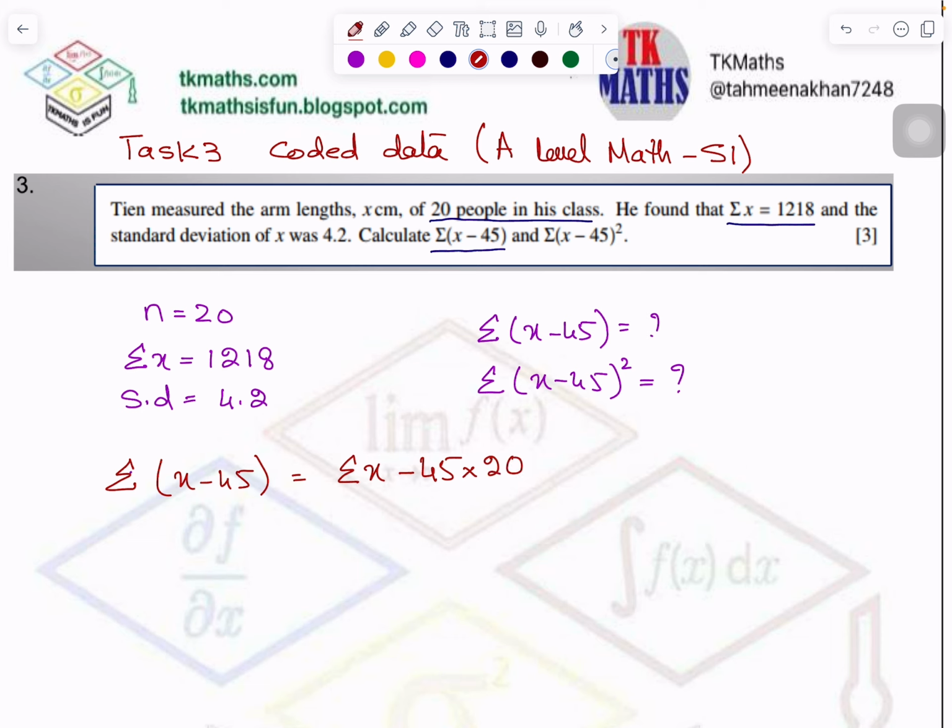Sigma x is given in the question, 1218, and 45 times 20 is absolutely right, 900. So this gives you the value of sigma (x minus 45), which is 318.